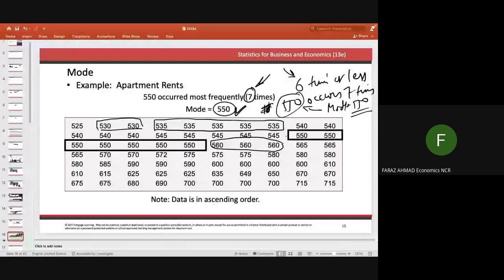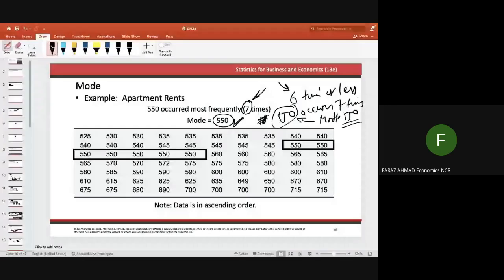Now there may be a situation, for example, in this data set. Which is the second largest occurring value, tell me. So 550 is occurring 7 times. Is there any number which is occurring 6 times? Can you check it for me?